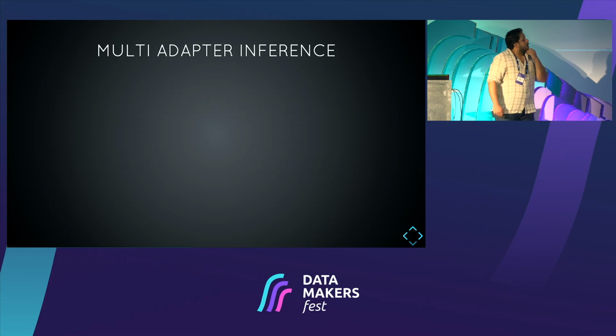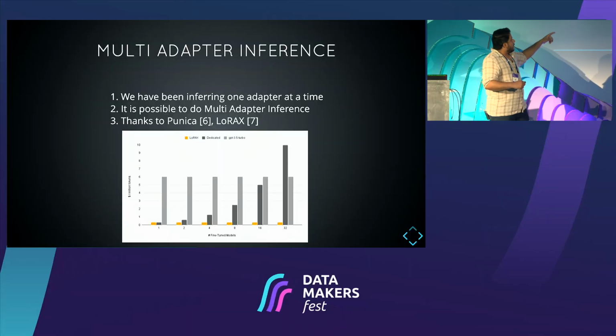Okay, but till now, we've been only doing one adapter inference at a time, where you choose at inference time which one you want to go through. But that's not true anymore. Through a lot of neat tricks using CUDA, people have been able to figure out how you can use all those delta Ws in one forward pass during inference. So thanks to Punica and LoRAX, I won't go into details, they figured out very neat CUDA tricks.